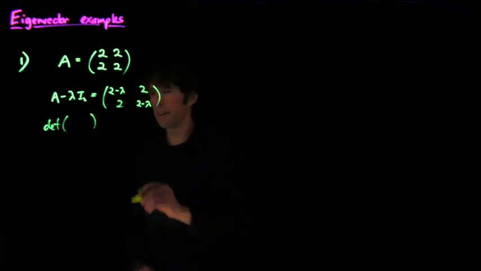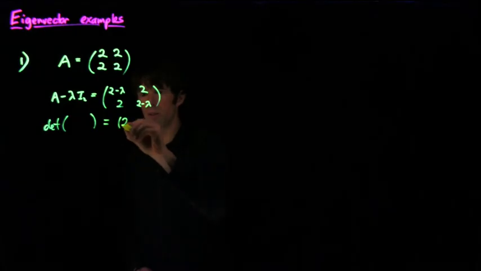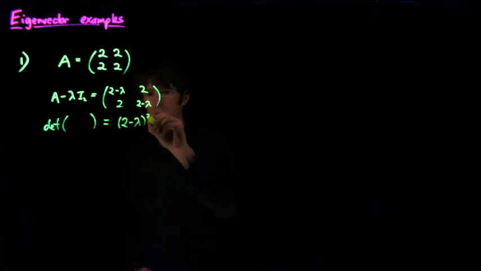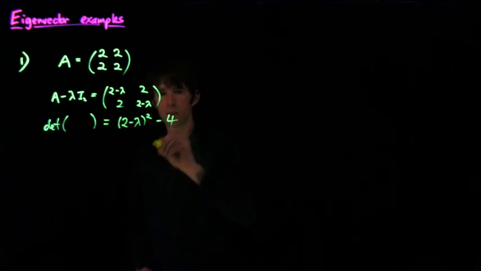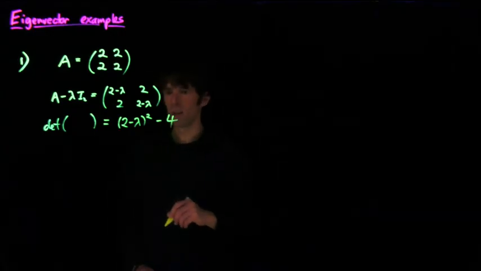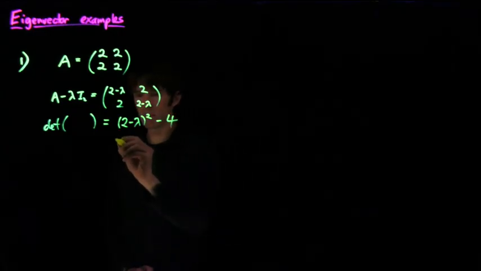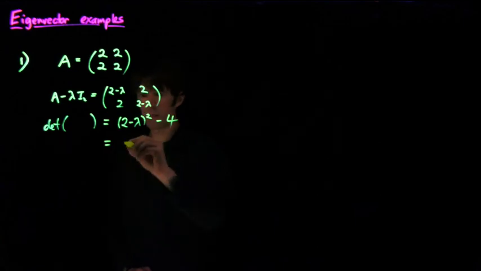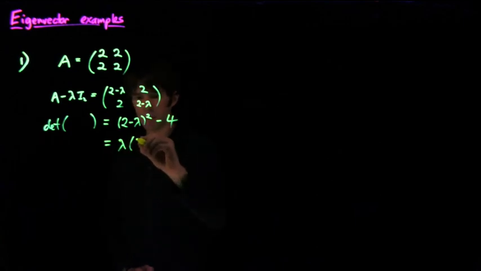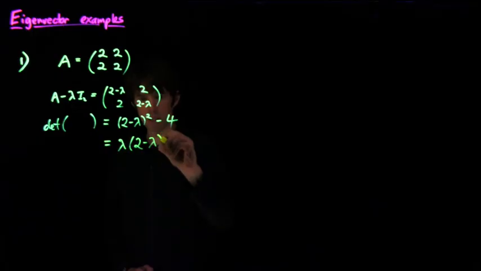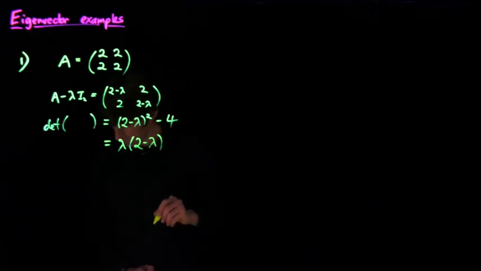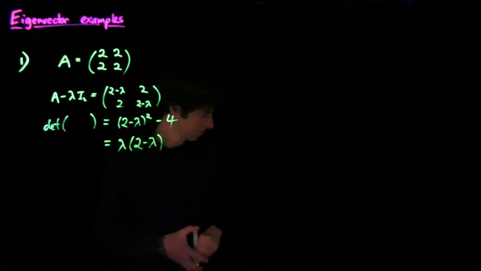The determinant of that thing is (2 minus lambda) squared minus 2 squared, which is 4. Oops, that's not right.